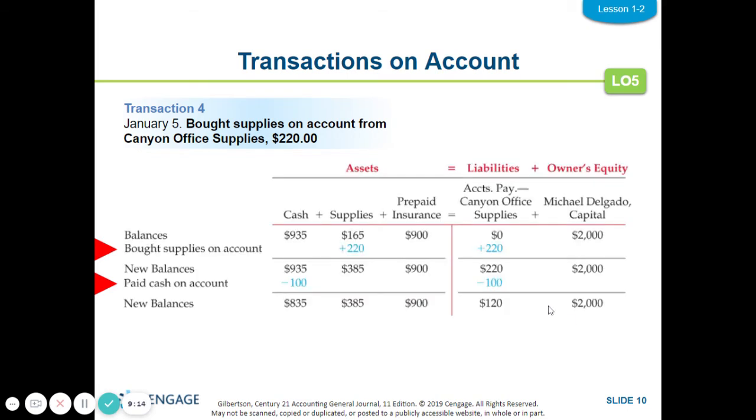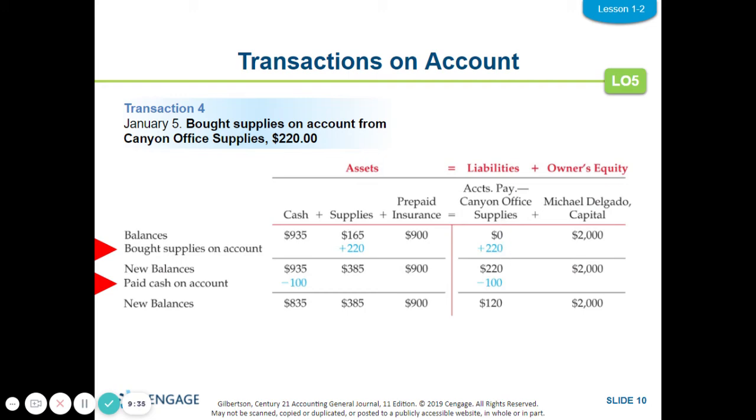And so in this transaction, because you're getting supplies, your asset is going to go up. And what you owe, this liability, we call accounts payable because it's an account that you have to pay. It is a liability. You owe that $220 to Canon Office Supplies.